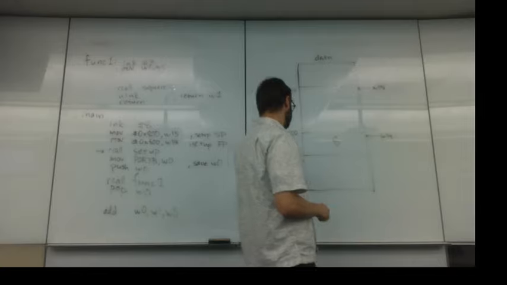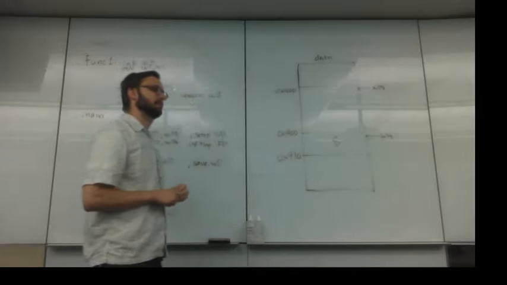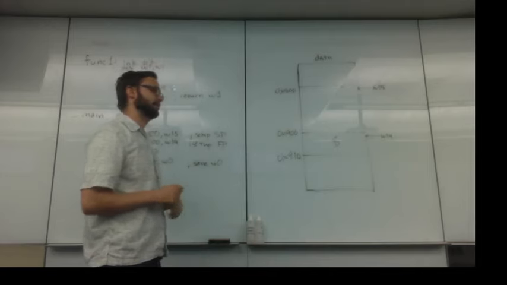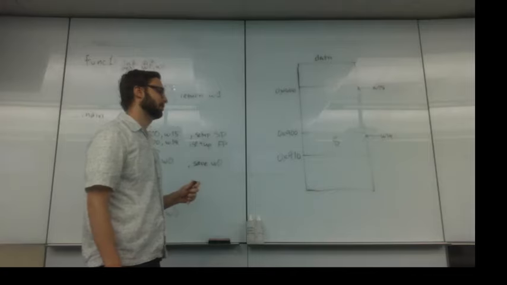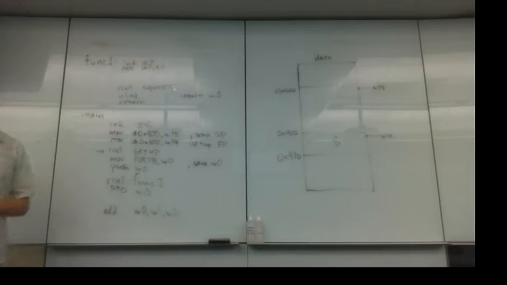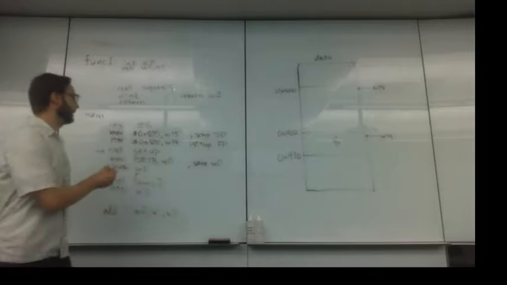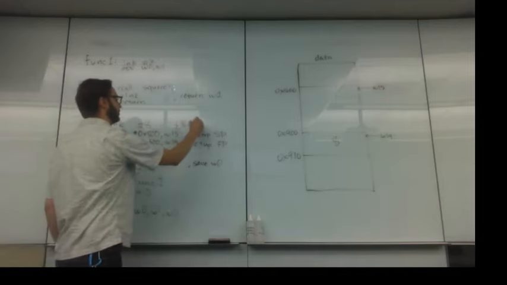So I'm pretty sure, if I remember correctly, it's words. If we're saving 8 locations, we want to save 8 words. Yeah, so 16 bytes. Yeah, and I believe data memory is addressed. Yeah, link 8 words, I believe.